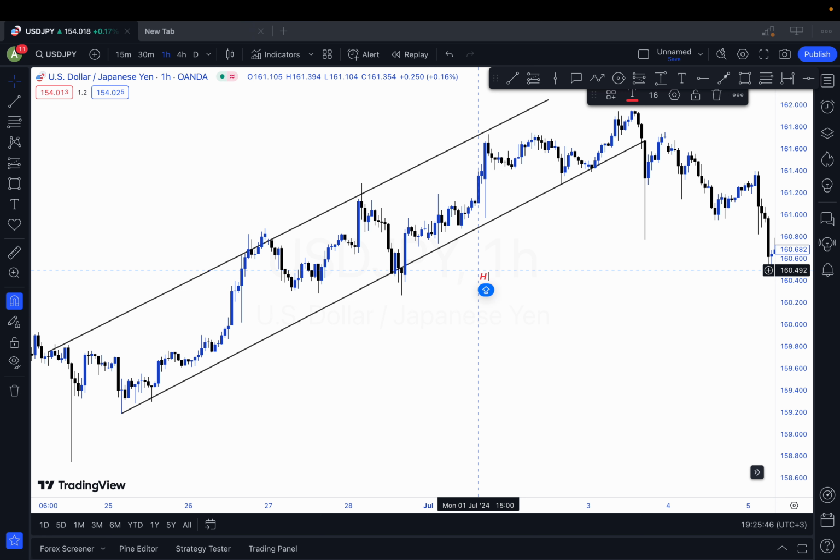So we have the H for the high, the L for the low, the HH for the higher high, the HL for the higher low, the LL for the lower low, and the LH for the lower high.